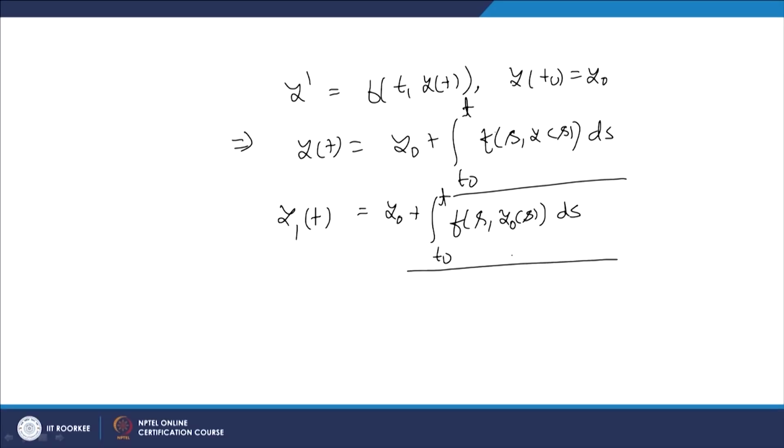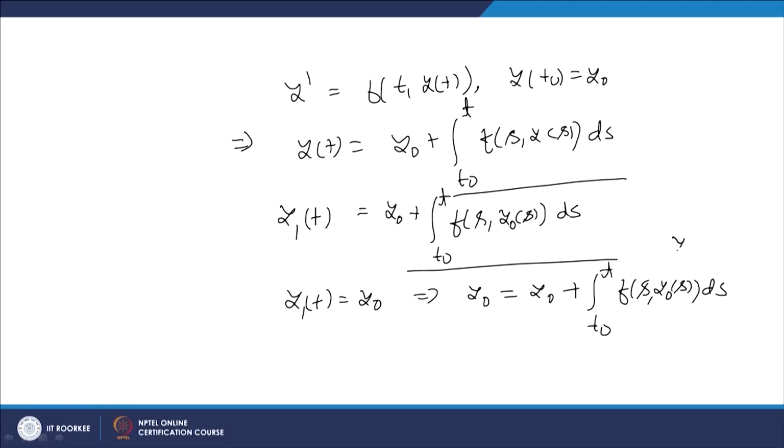So, calculate this quantity: y naught plus the integral from t naught to t of f(s, y naught(s)) ds. Now, if y 1(t) is coming out to be y naught, this implies that y naught is equal to y naught plus the integral from t naught to t of f(s, y naught(s)) ds. Here y naught(s) is nothing but y naught.